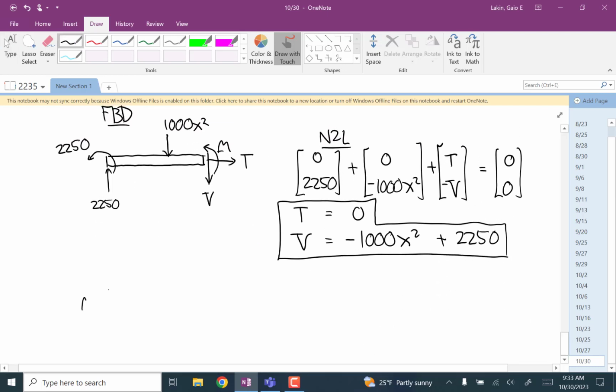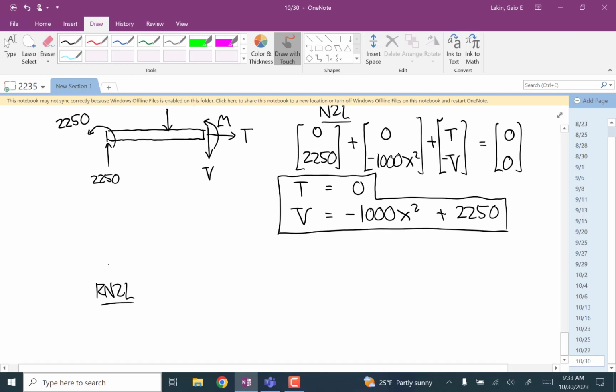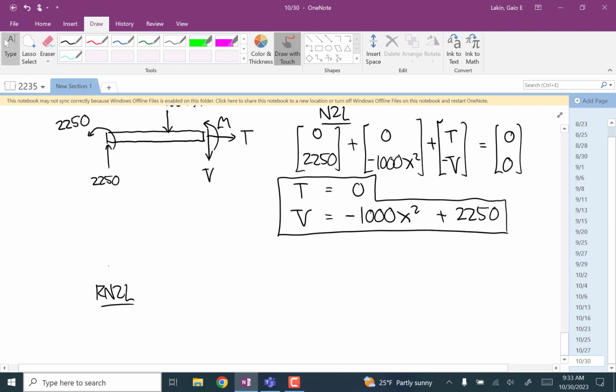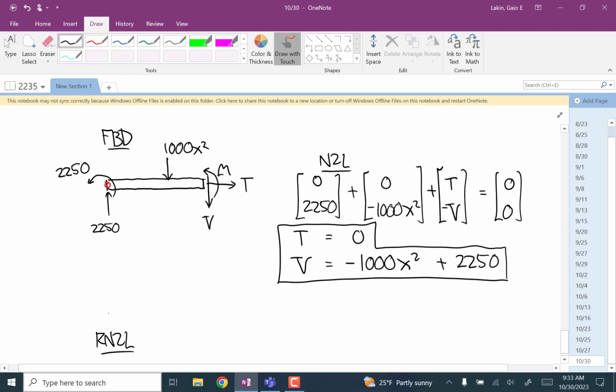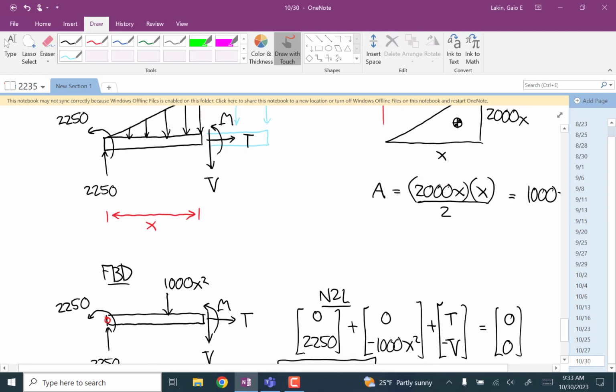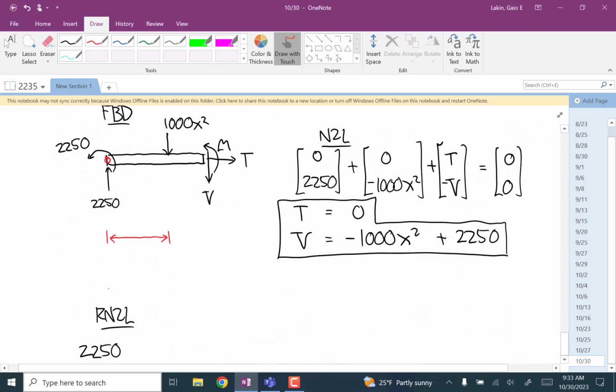And then the moment equation about the point is there. So we add on the couple, 2250. This moment arm, we figured out from that triangle picture, is 2x over 3.